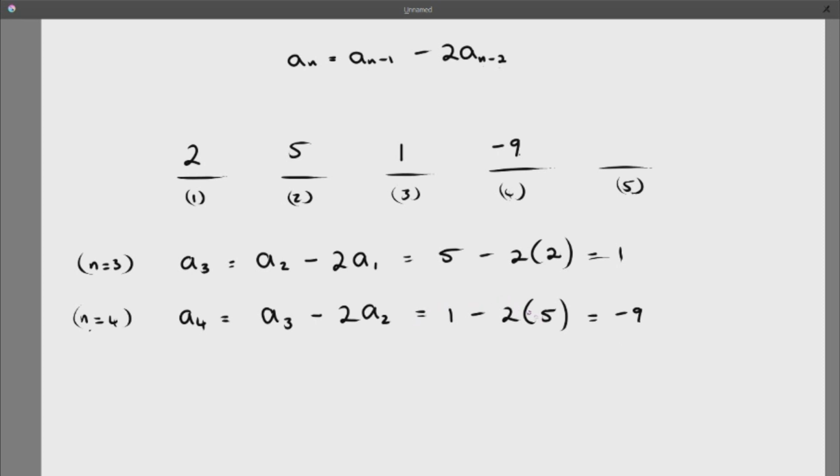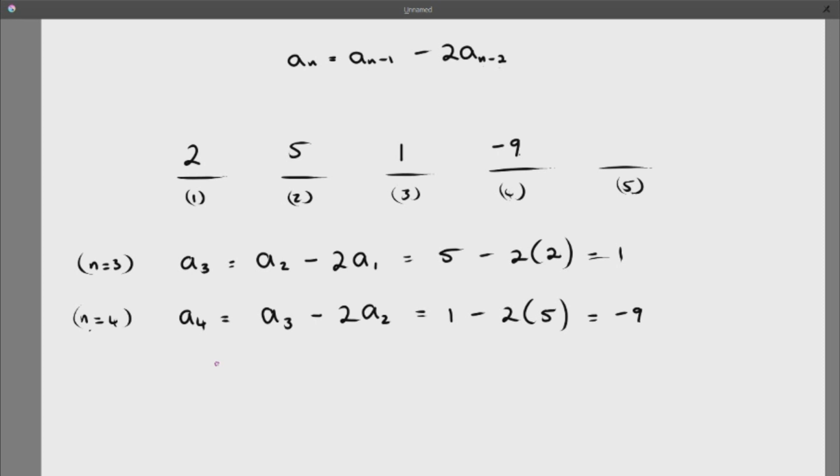But it's multiplication here. Then if I want the last one, oh, can we do it without? You don't have to write any of that down. You just need to make the sequence. Can we do it by simply saying in words what the formula is asking me to do? Looking at the top, the formula is asking me to take the previous term and subtract 2 times the one before that. So if I'm in position 5, I want to find out what that term is.